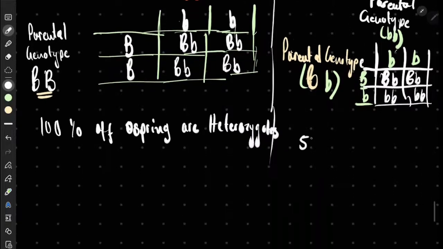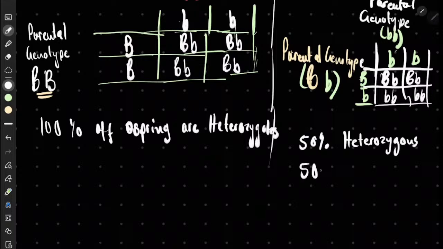So in here now, you get 50% heterozygous and 50% homozygous recessive.